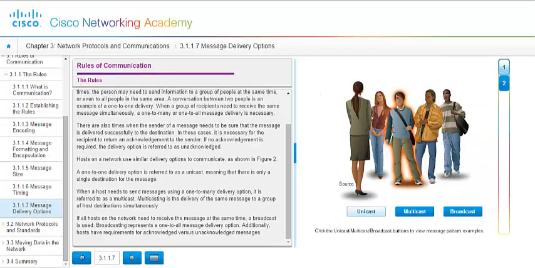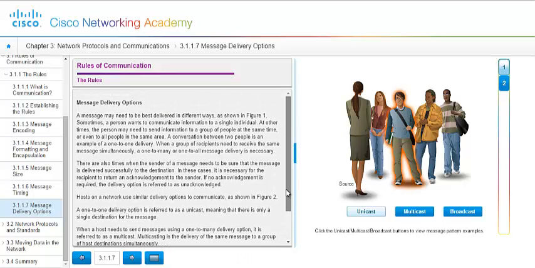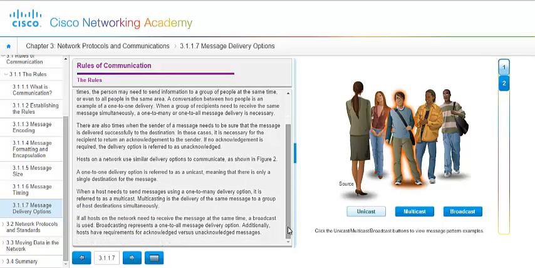When we communicate, we may use different types or patterns of delivering our information. We may speak to one person, we may speak to several people, or we may be speaking to a group. And the hosts on the network use similar methods. An example here for unicast is if this lady was talking only to this gentleman, that would be unicast. Multicast, she's speaking, but only to 2 of these 4.